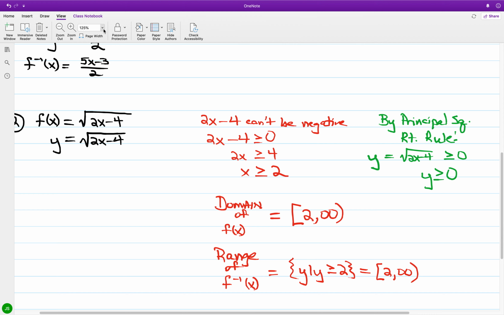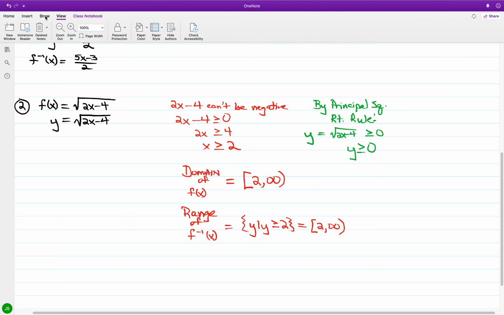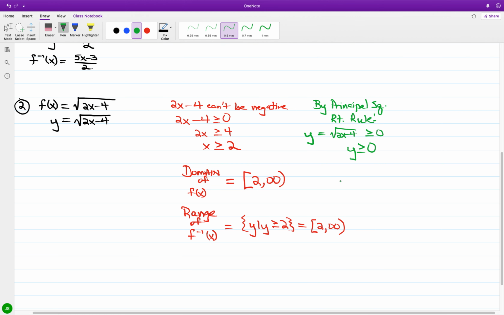All right, now, just tying in and taking care of the other domain and range portions. For the range of the function, symbolically, we have the set of all values of y such that y is greater than or equal to 0.